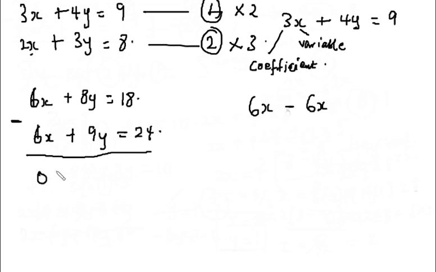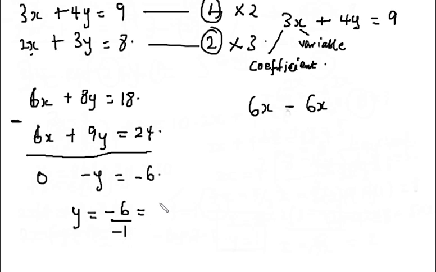Then 8y minus 9y is minus y, and here we have 18 minus 24, which is minus 6. So this implies that y, dividing both sides by minus 1, is minus 6 over minus 1, which is equal to 6.